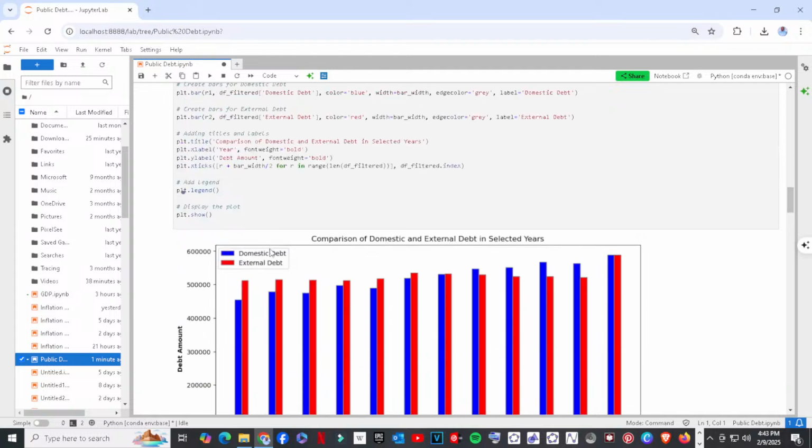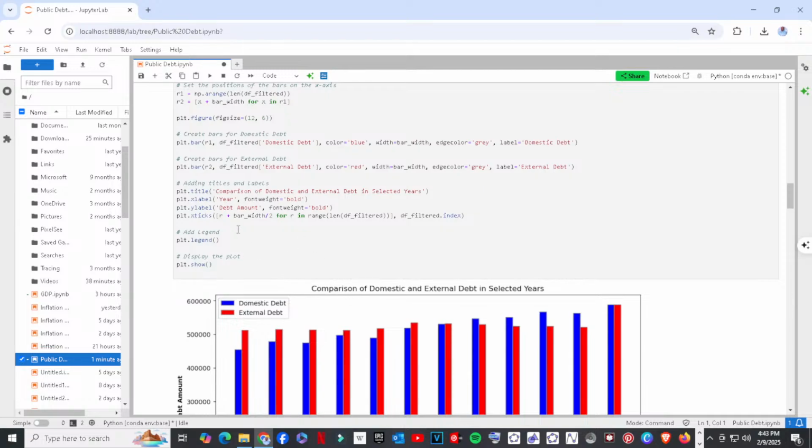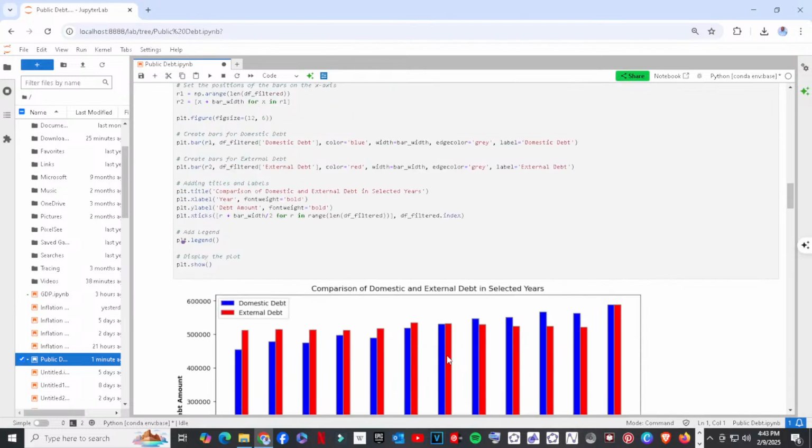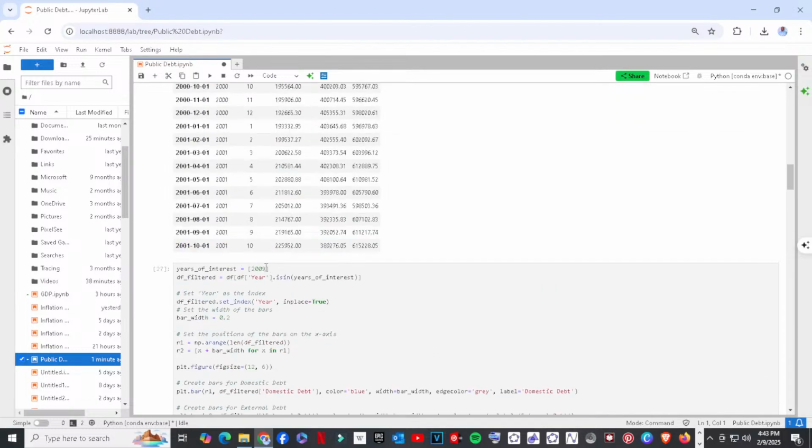So this particular command was giving us a way to create domestic bars and external bars for comparison. So every other time I can just change the year of interest that I want to see. Let's say 2015.